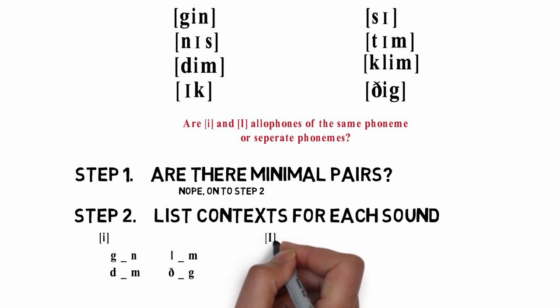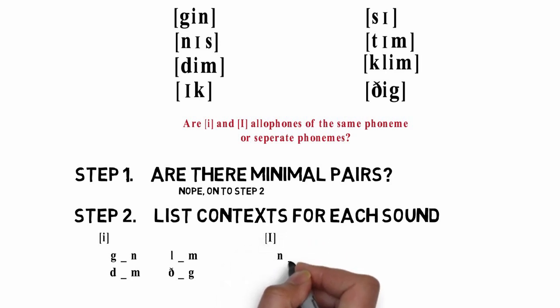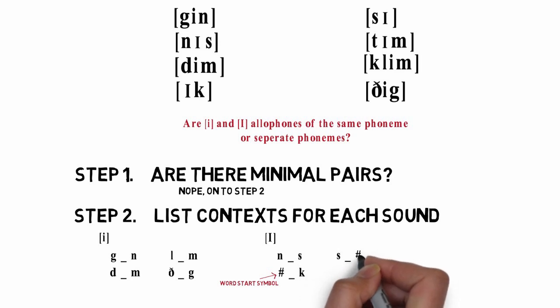Let's do the same thing for i. We have n and s in nis. We have the start of a word on the left and k on the right in ik. We have s to the left and the end of the word to the right in the word se.